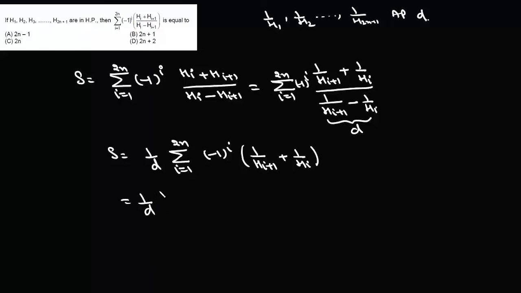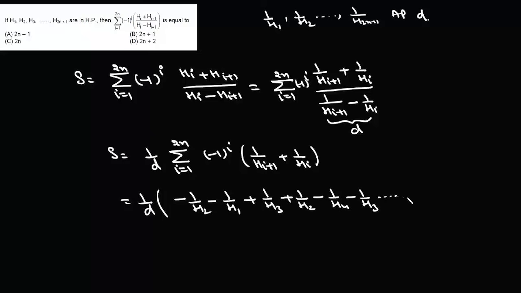Now we'll expand it. If we put i as 1, we get minus 1 upon H2 minus 1 upon H1, and then for i equals 2 it will be plus, so it will be 1 upon H3 plus 1 upon H2, and then minus 1 upon H4 minus 1 upon H3, and in the end we'll have plus 1 upon H2n plus 1 plus 1 upon H2n.